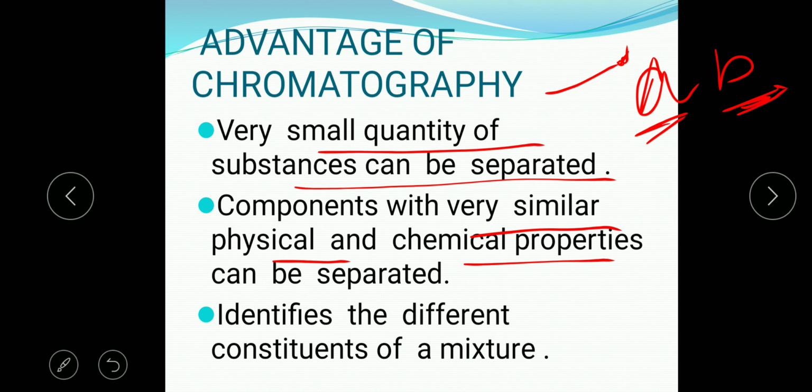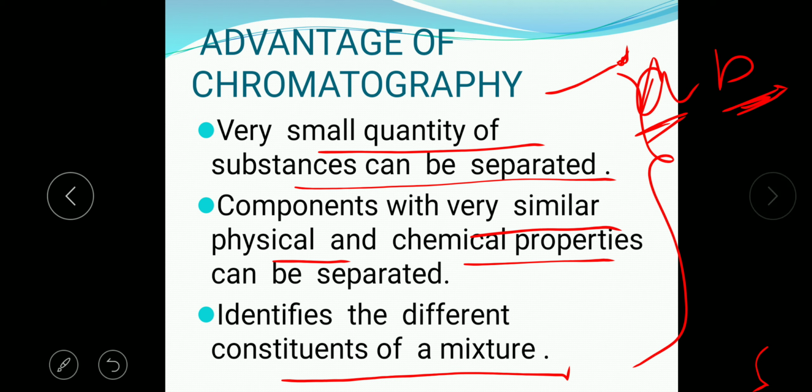And it also identifies the different constituents of the mixture. Okay, so this is how chromatography is very advantageous, and that is why it is the modern technique for the separation of mixtures. So this is all for today.